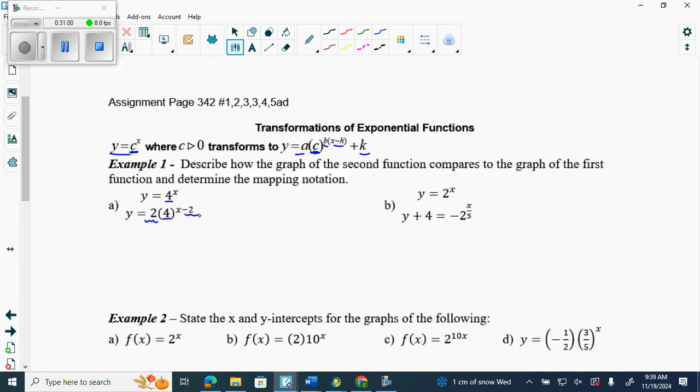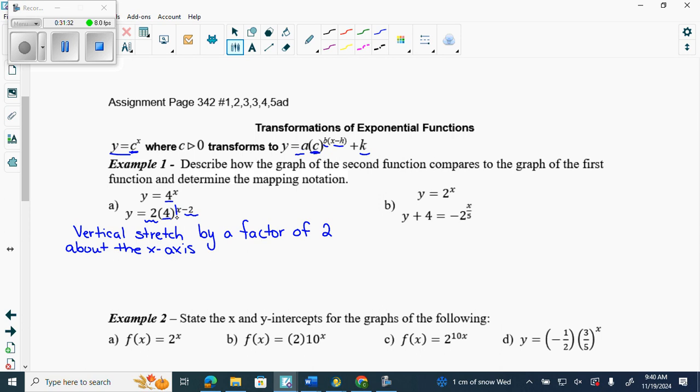So what does this 2 in front do? Vertical stretch, what? By a factor of 2 about the x-axis. Is there a horizontal stretch? No. Same rule applies as before, though. We have to make sure we have 1 in front of our x, which we do.